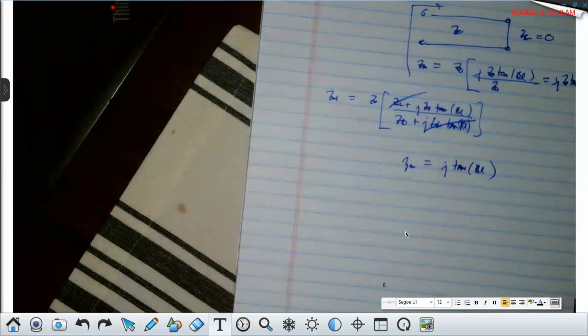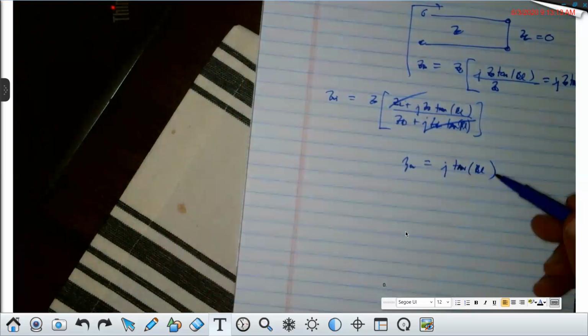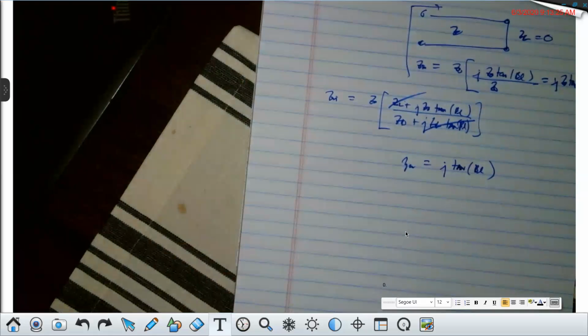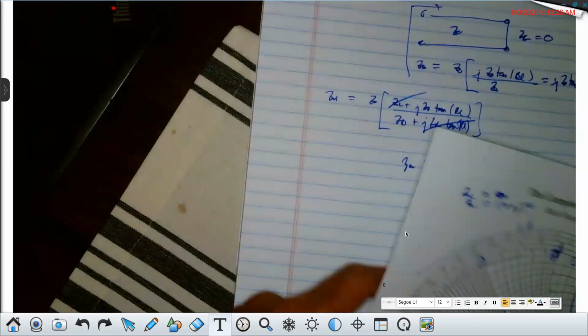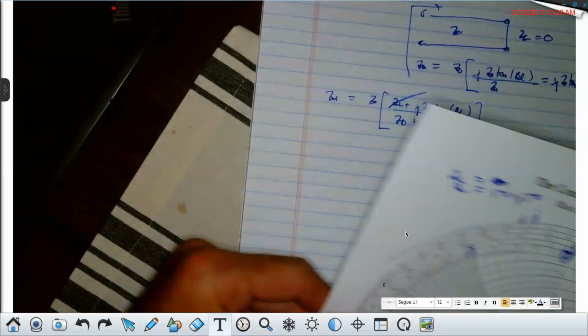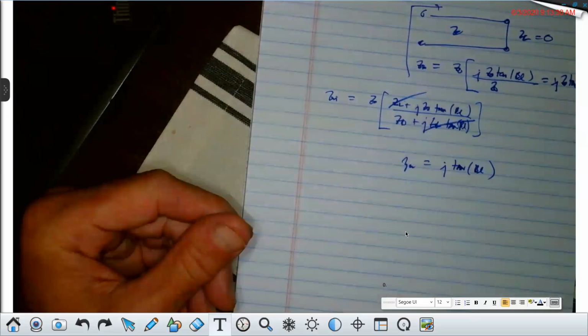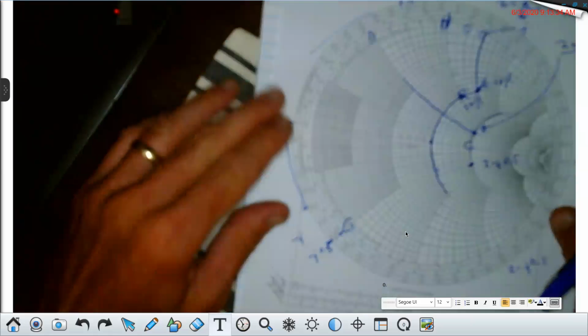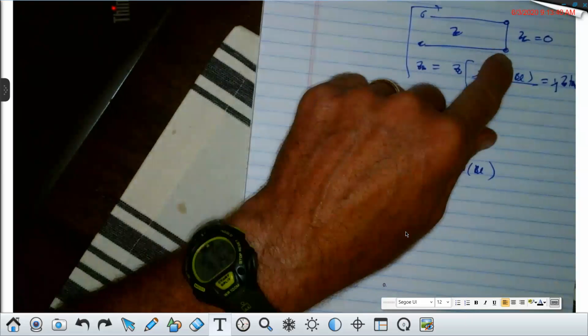Now, the tangent itself can have a value that goes from plus to minus infinity, and it goes through 0, if you know what a tangent is. When I'm talking about the input impedance of a short-circuited transmission line, I don't have a clean Smith chart here, I just used a bunch. At the load, if it's short-circuited, what's the impedance?